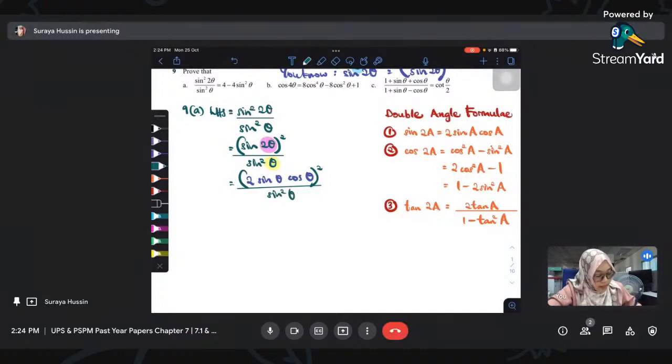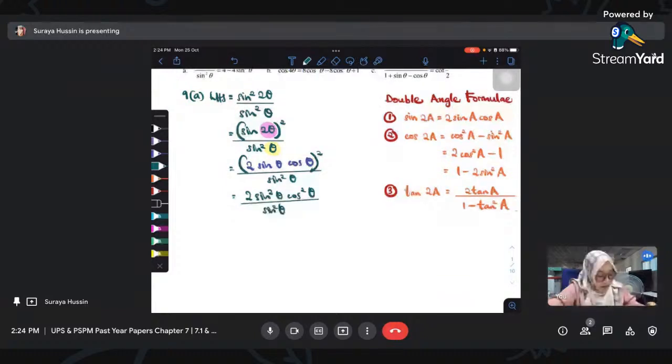And then you got to bring that squared, masukkan balik, you akan dapat 2 sine squared theta cos squared theta divided by sine squared theta. Right? So dekat sini you tahu you boleh cut something. So you cut it. And then you ditinggalkan dengan 2 cos squared theta.